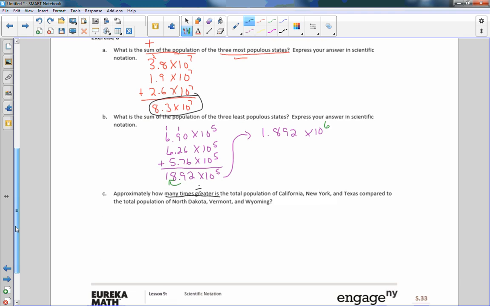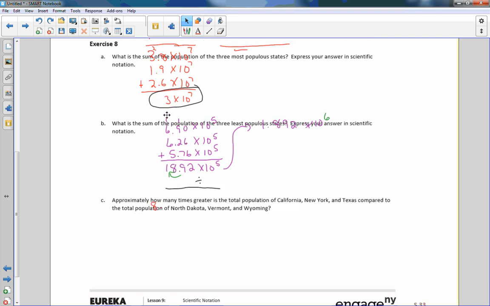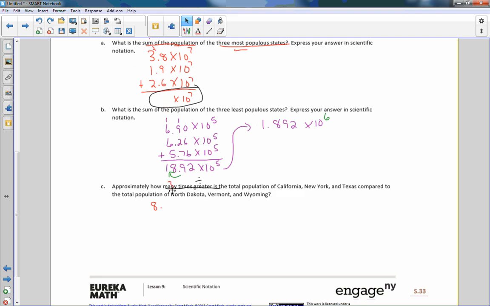So I'm just going to steal my answers from above so I don't have to rewrite it. So we have the 8.3. Okay, that's not working. I'll just write it. 8.3 times 10 to the 7.